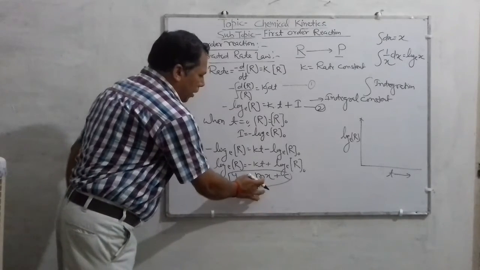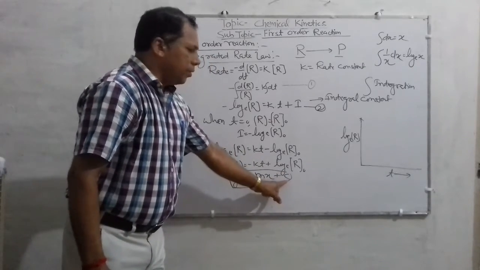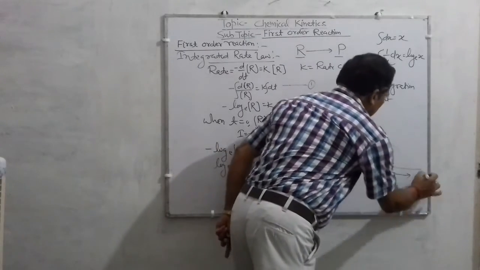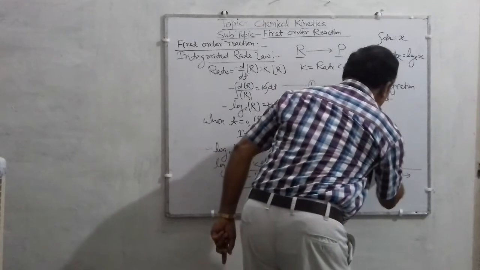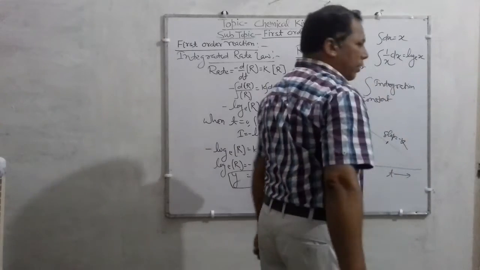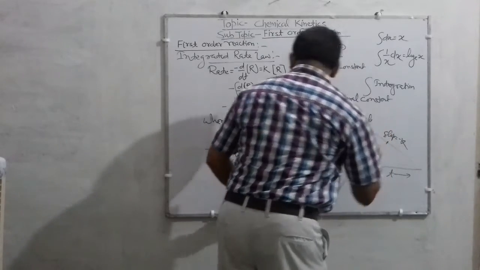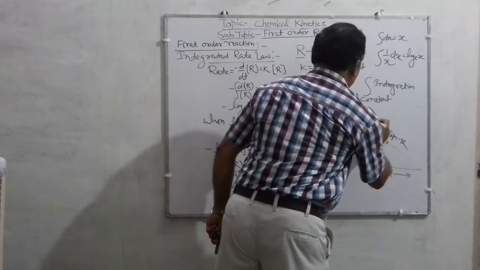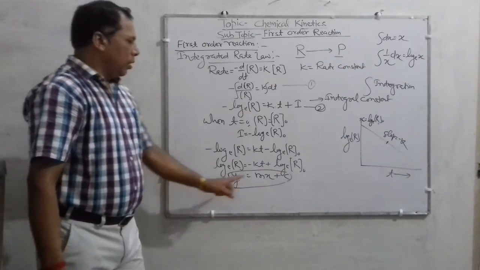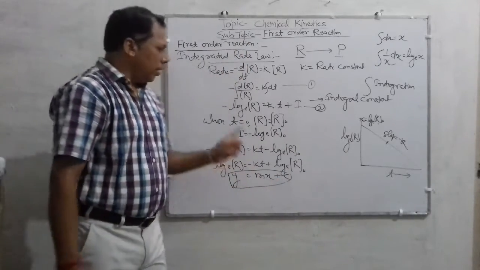The value of m or tan theta here is minus k, and the intercept c is log e r0. A straight line comes in which the slope or tan theta will be minus k, and the intercept will be log e r0, if you plot t versus log r for a first order reaction.